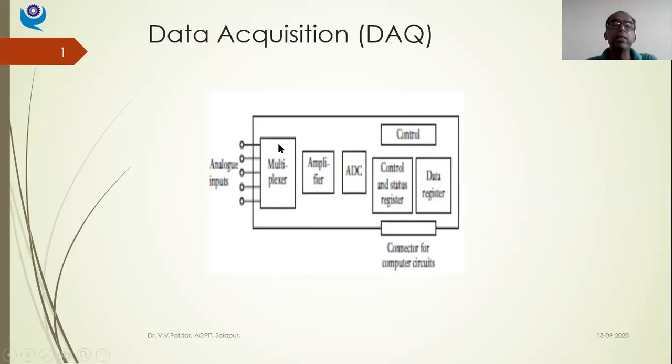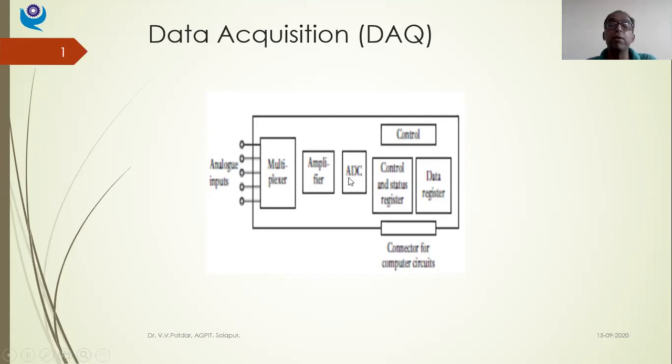So it doesn't process the signals simultaneously. Otherwise, I would be requiring different ADCs and different amplifiers, but now only a single component is sufficient, because the multiplexer receives the sensor data one after the other, and this sensor data, which is an analog signal, will be amplified and sent to the A to D converter, analog to digital converter.